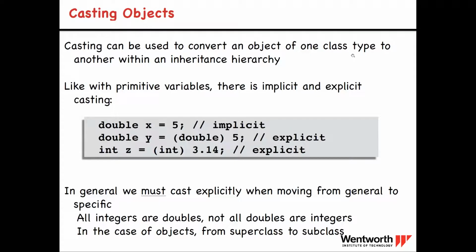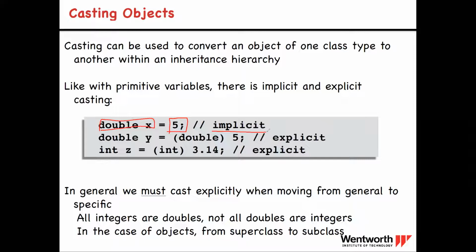All right. You should have seen casting before, way back in CS1. Casting is just used to convert an object of one type to another. So for primitive variables, for example, going from an int, so on the right-hand side we have an int, to a double, the type on the left, this is implicit.